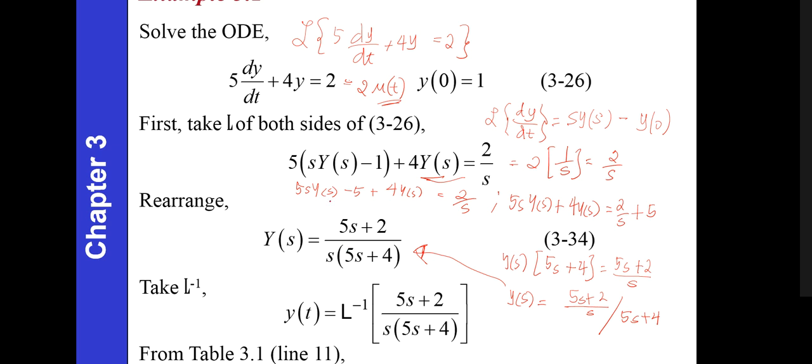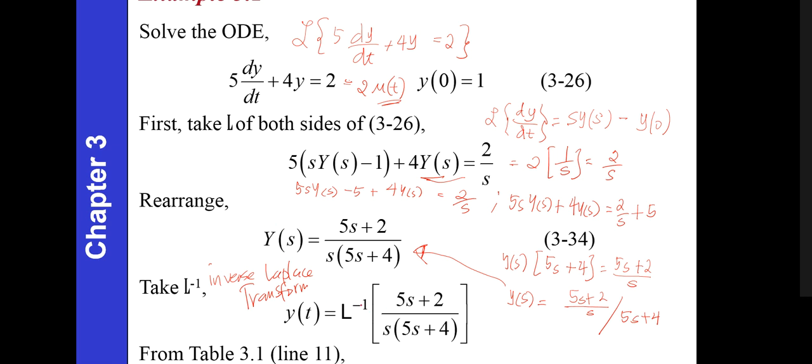So this is our Laplace equivalent, or the frequency domain equivalent, of our differential equation. But if you are going to solve an ODE, the answer should be in the time domain. So from this, we convert it back into the time domain by getting the inverse Laplace transform. So inverse Laplace transform, L negative 1, from capital Y(s) we get small y(t).